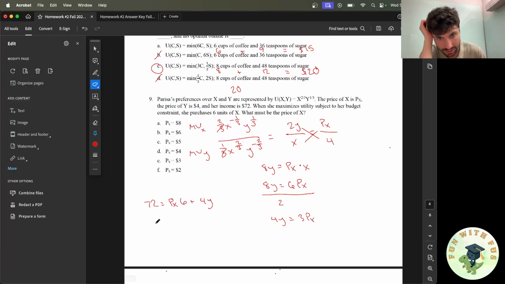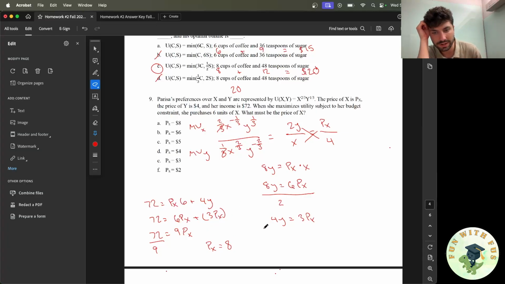And what I can then do is say 72 is equal to 6 price of x plus 3 price of x, to get a total of 72 equals 9 price of x. And if we just do a little division on both sides, we'll get price of x is equal to 8.